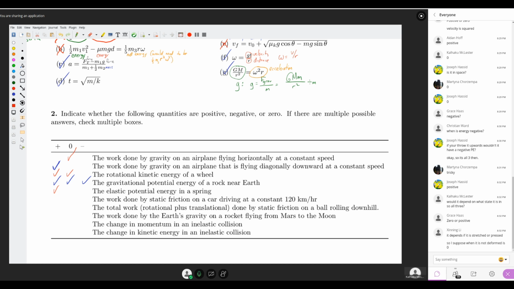Yeah, when it's not deformed, it's 0. So that's completely right. But could it ever be negative?